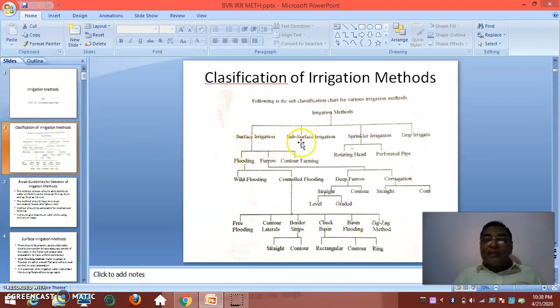Surface irrigation, subsurface irrigation, all these methods are completed. Mostly surface, and only subsurface, with one or two variants. We are left with only sprinkler irrigation and then drip irrigation, which we will cover in the subsequent videos. I will stop this video here, and I will come back with the sprinkler irrigation method.